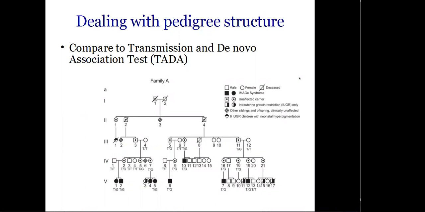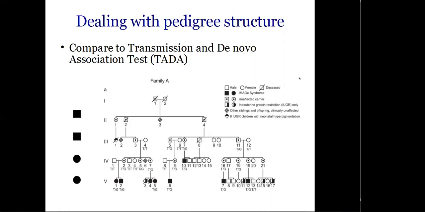calculate your p-value. In this study of IMAGe syndrome, researchers did next-gen sequencing on 2 distantly related affected individuals and filtered down for the rare variants shared between them. And they also sequenced 4 unrelated, unaffected individuals.